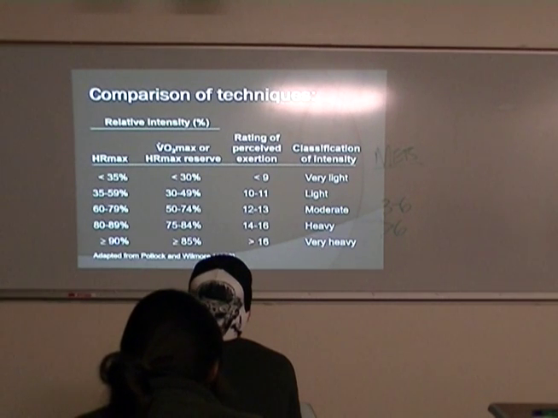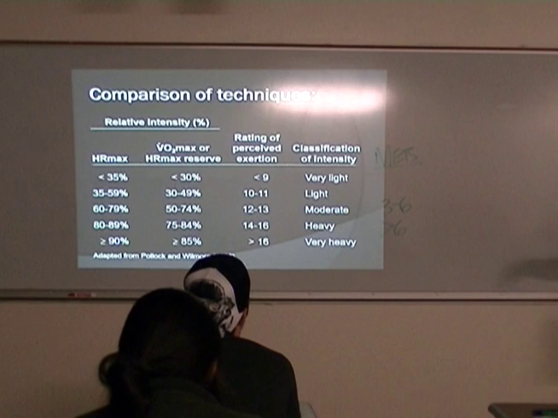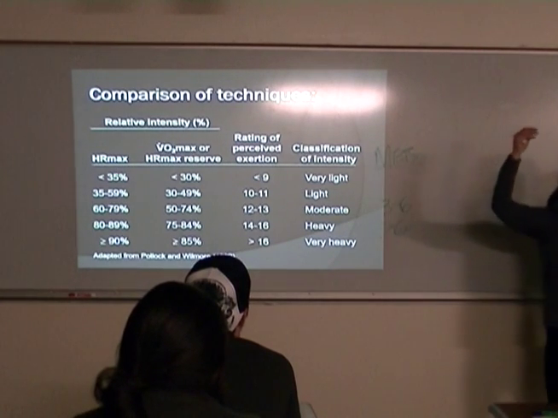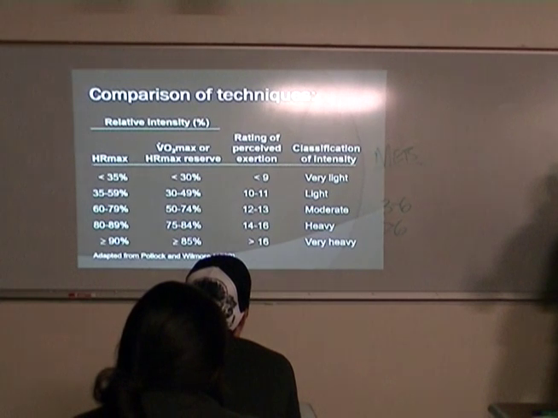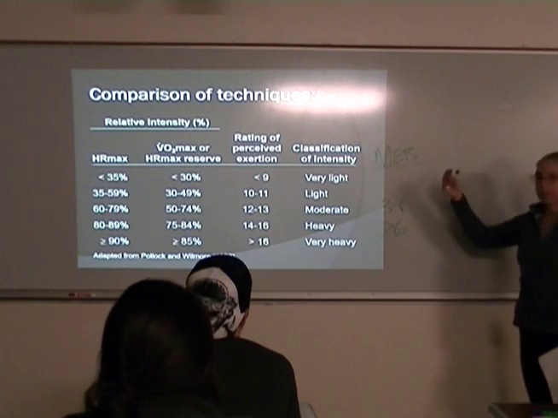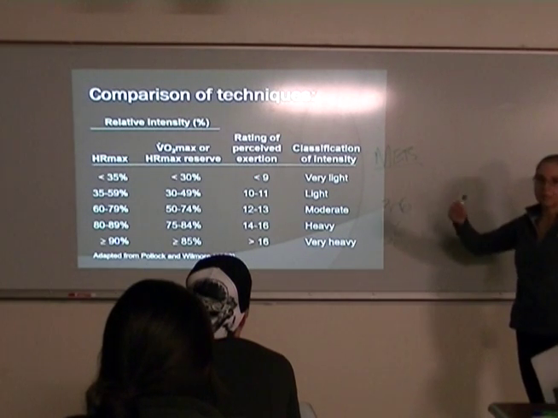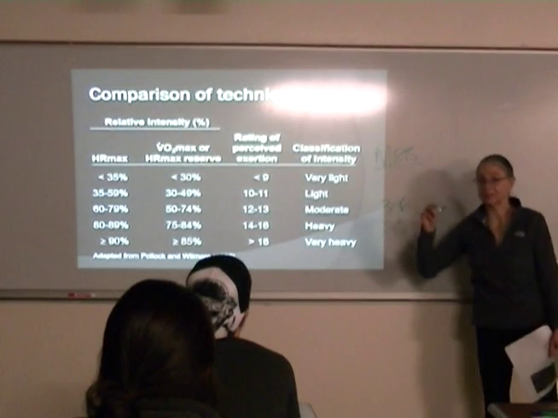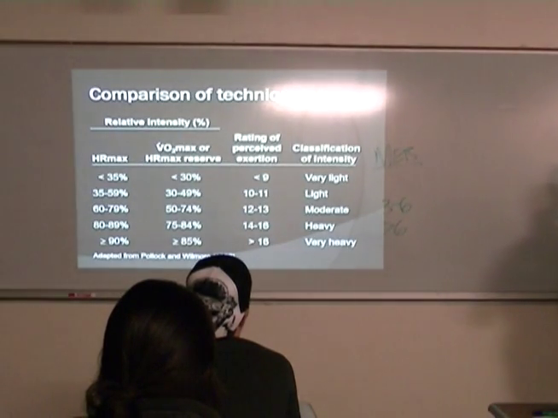There's no rules about which one you use for your log. You can use whichever version of intensity you want. But I want to see you starting to think about what intensity am I working at, because it's a crucial, crucial key to success with a training program. Right?